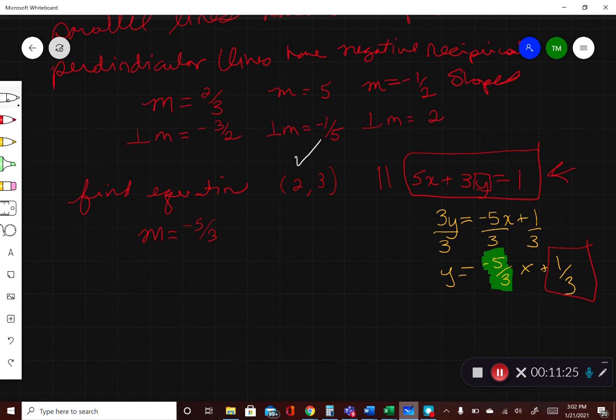And I have my point. So I have my two pieces of information I need to write the equation of this line. So I'm going to do my y minus y1, so y minus 3 is equal to negative 5/3 times x minus 2. And that is the equation of the line. And you can change it to whatever form you need to put it in from that point.